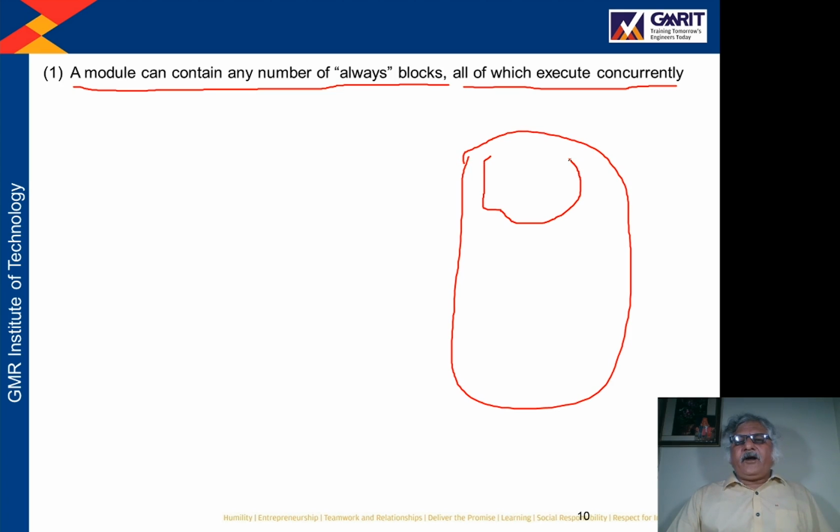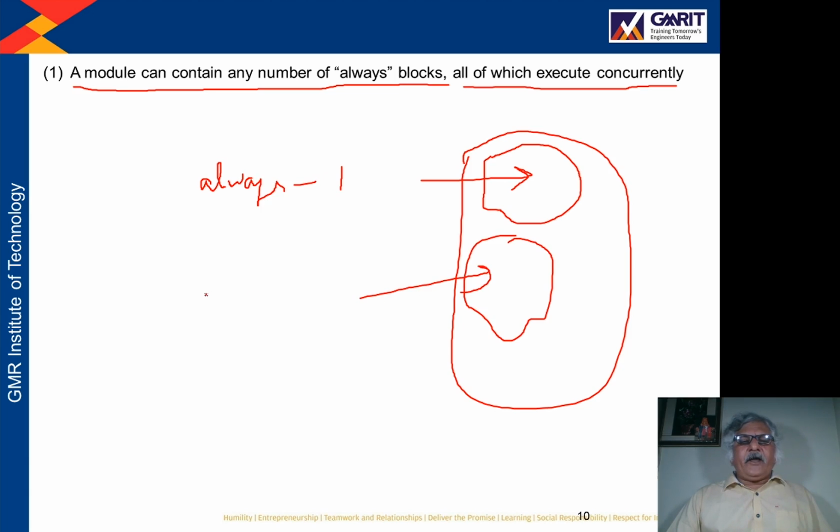This portion of the hardware we are writing by using, let us assume, always block number 1. Some other portion of the hardware we are writing by using another always block number 2, and the remaining portion by using another always block. So this is possible.